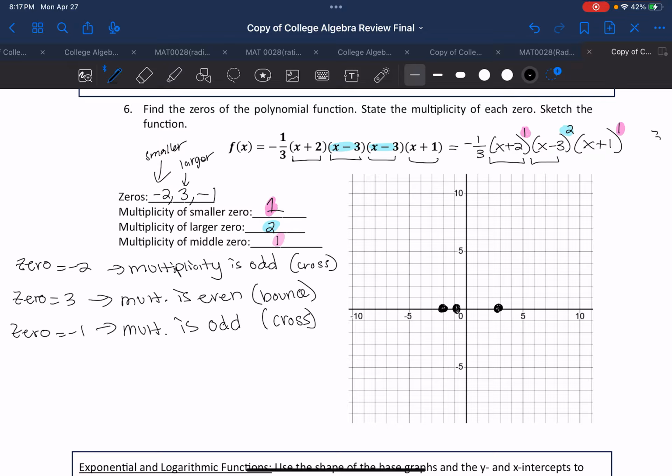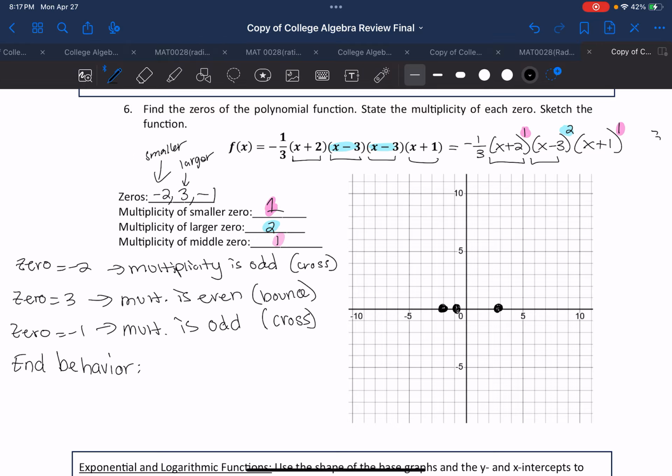And then the end behavior, we need to know what the leading term is. So first of all, I know that my leading coefficient is going to be that negative 1/3, because if I were to multiply all of this out, that is the only number out front, and there's no other numbers in front of those x's.